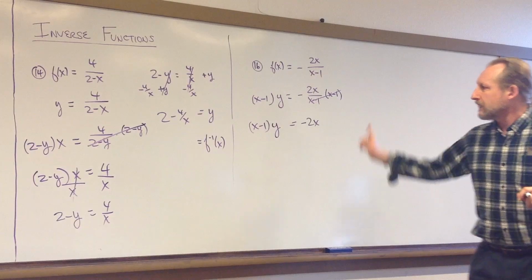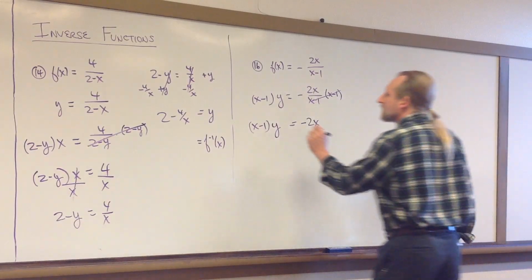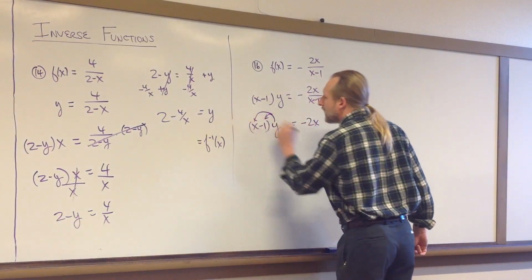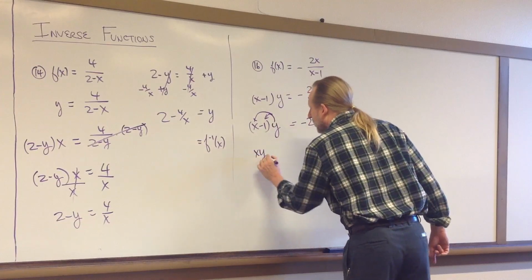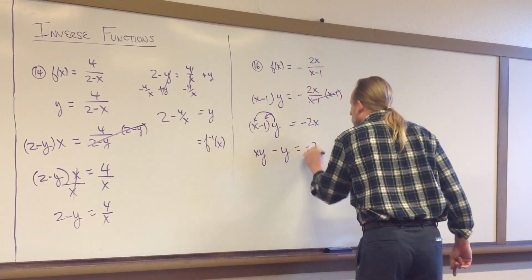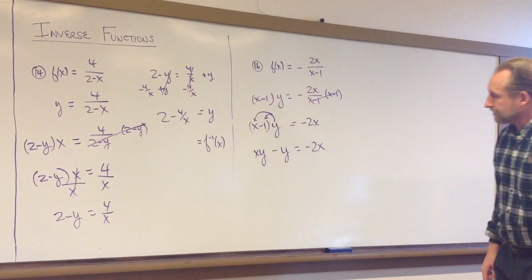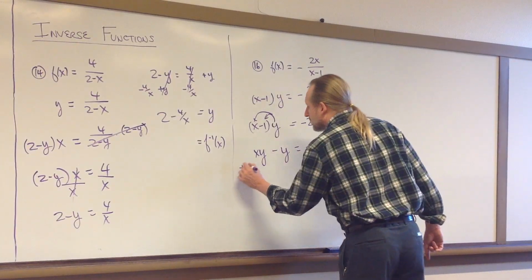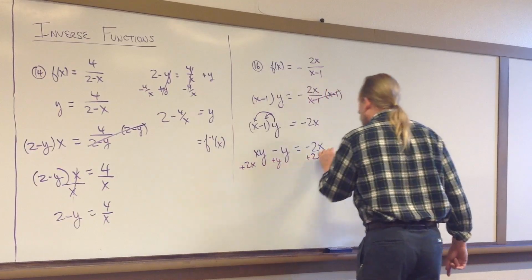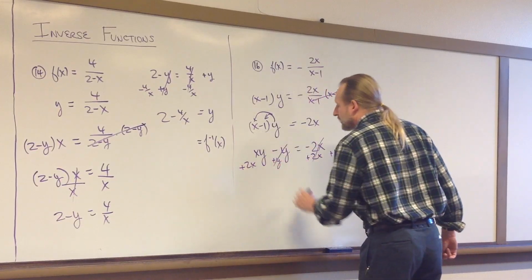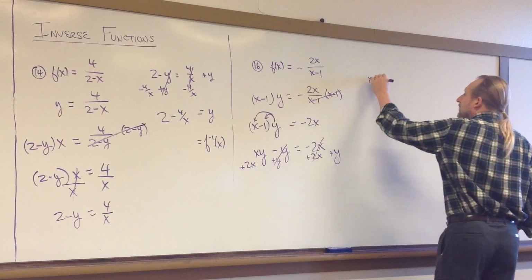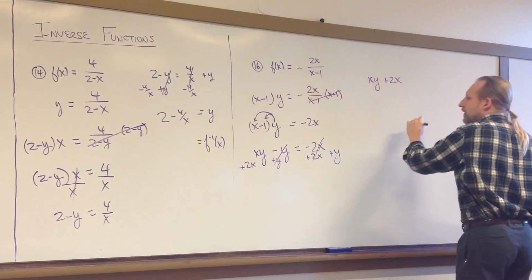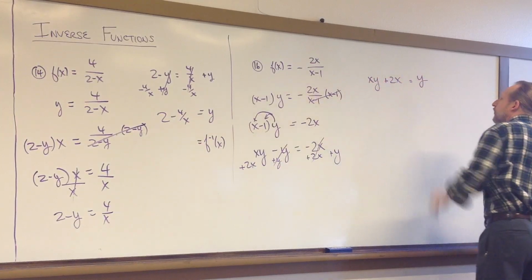What will help me get these two x's together is to distribute this y into the parentheses so that we get xy minus y is negative 2x. Alright, now I'm going to get these x's together and I'm going to move the y to the other side. So then I get xy plus 2x equals y.